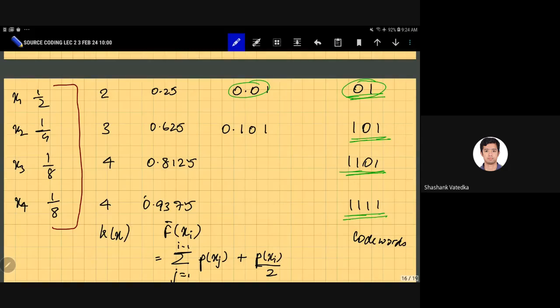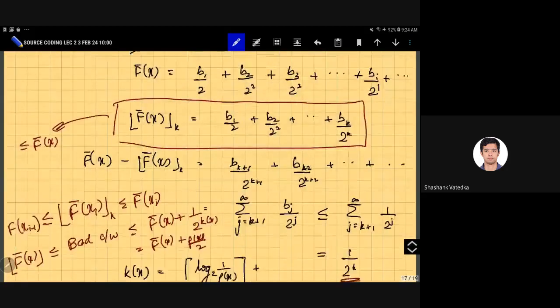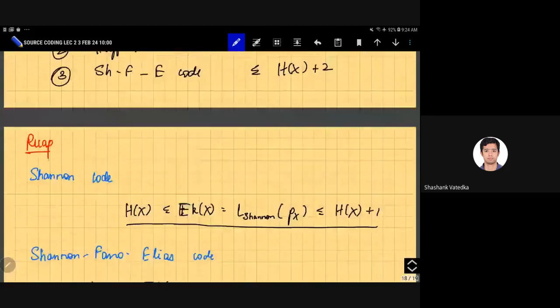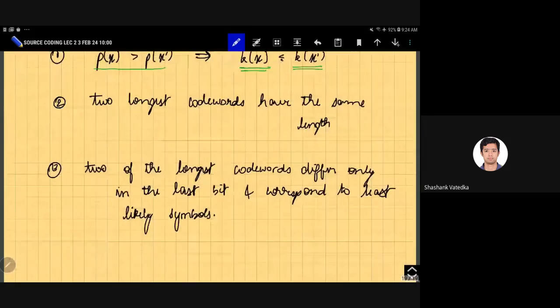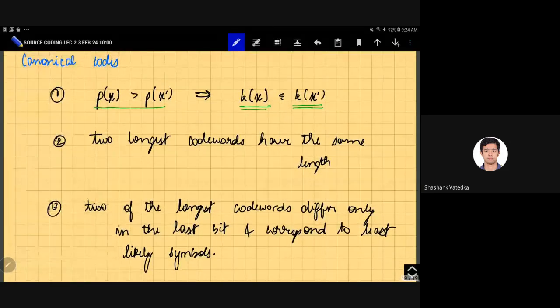So can you give an example of a probability distribution for which the Shannon-Fano-Elias code does not satisfy property 2? Right, so many examples.